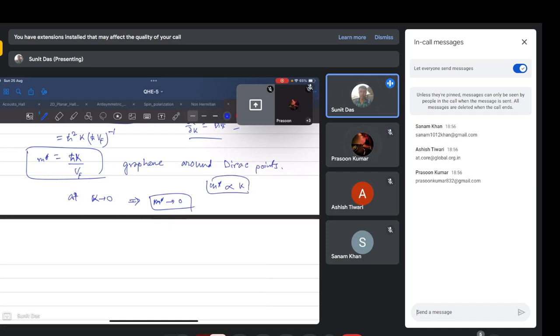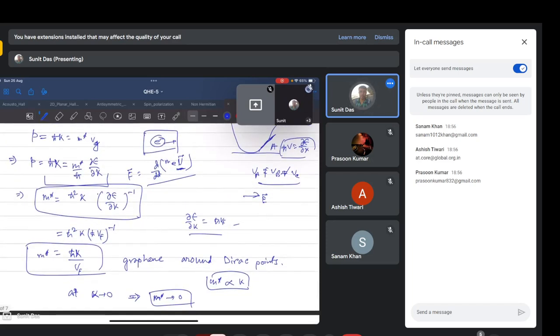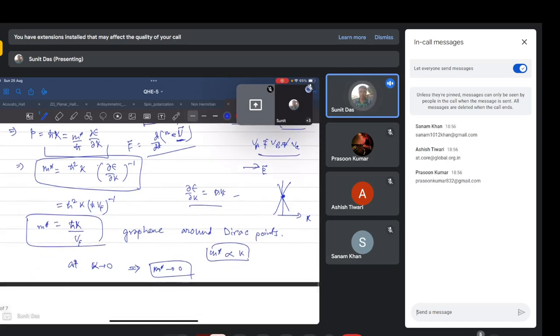So from this we bring consistency that the conventional expression cannot be used as k tends to 0, which is the Dirac cone. So this is k, let's say, the center, and at k equal to 0, at this exact nodal point, the electrons are massless.